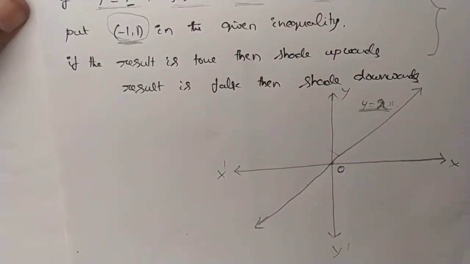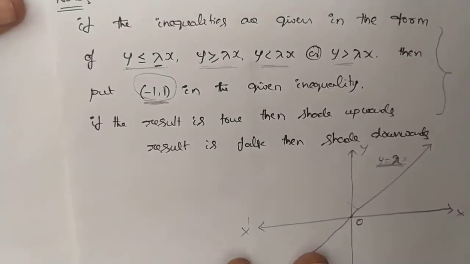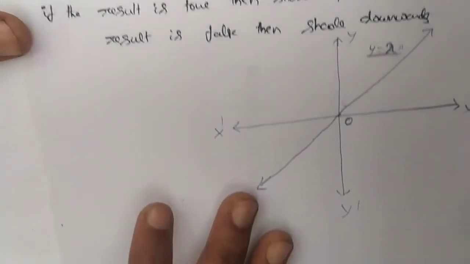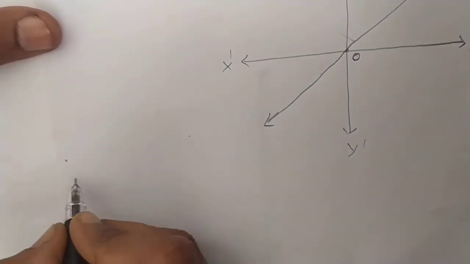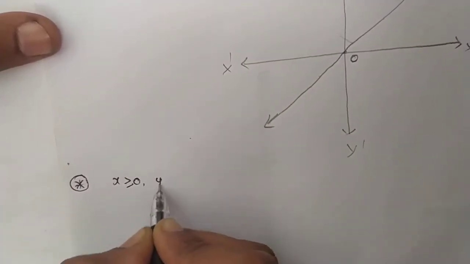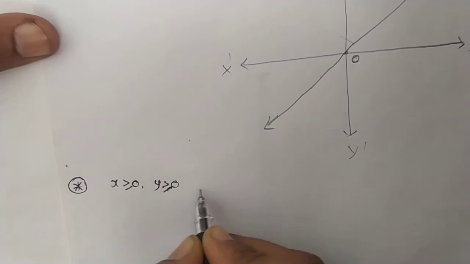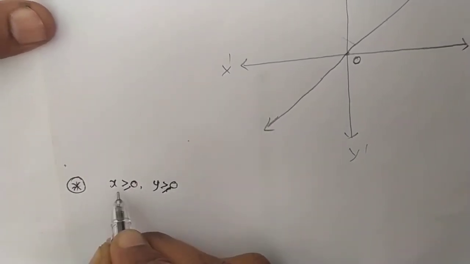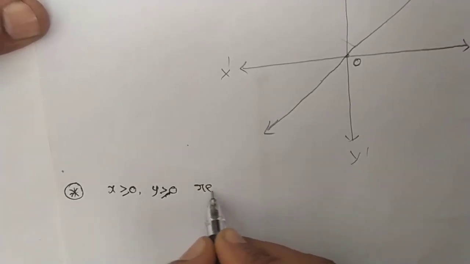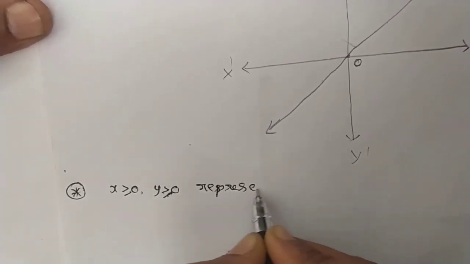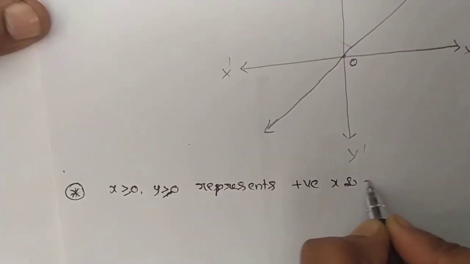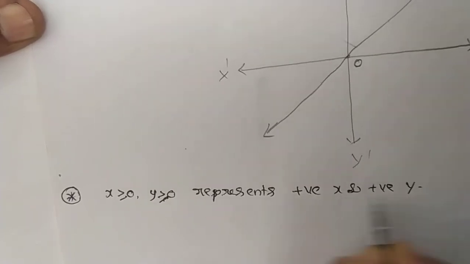Now we will move on to the questions. I forgot to tell one more point. It is point number 1. The second point will be: x greater than or equal to 0, y greater than or equal to 0 represents the positive x and positive y axis.